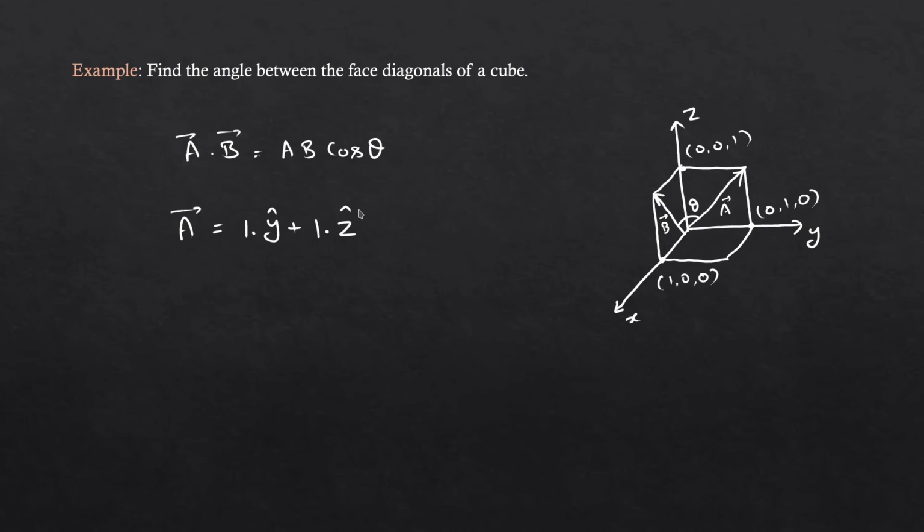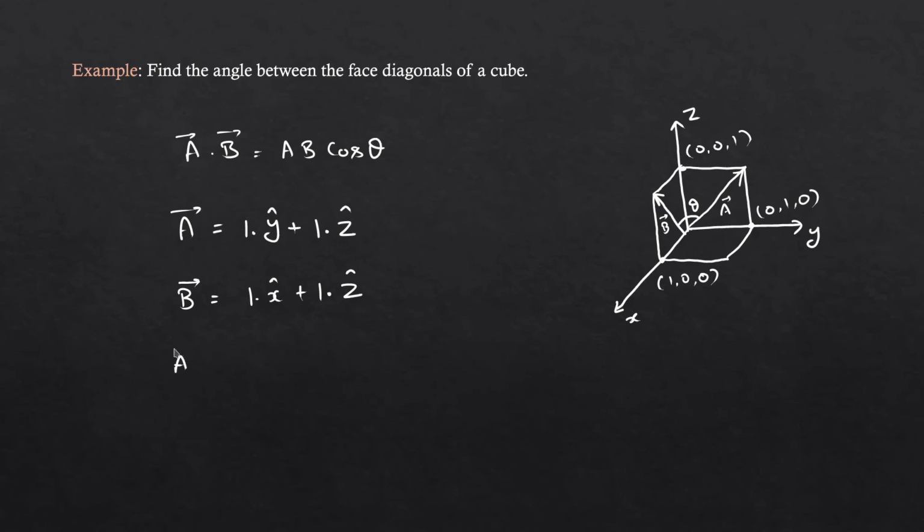What is vector b? Vector b is in the z and x plane, so it is 1 unit in x direction and 1 unit in z direction. So b will be 1 into x plus 1 into z.